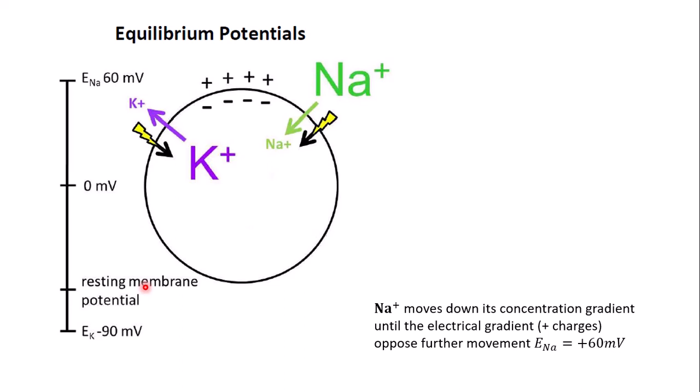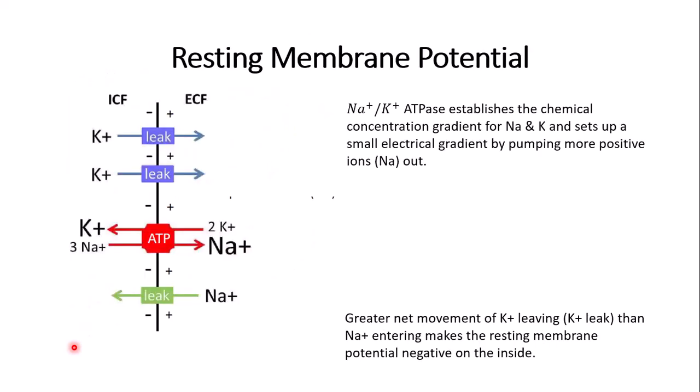The resting membrane potential will be closest to the ion that is more permeable, and at rest our cells are about 1,000 times more permeable to potassium than to sodium. That's why at rest our membrane potential is negative and closer to potassium than to sodium.